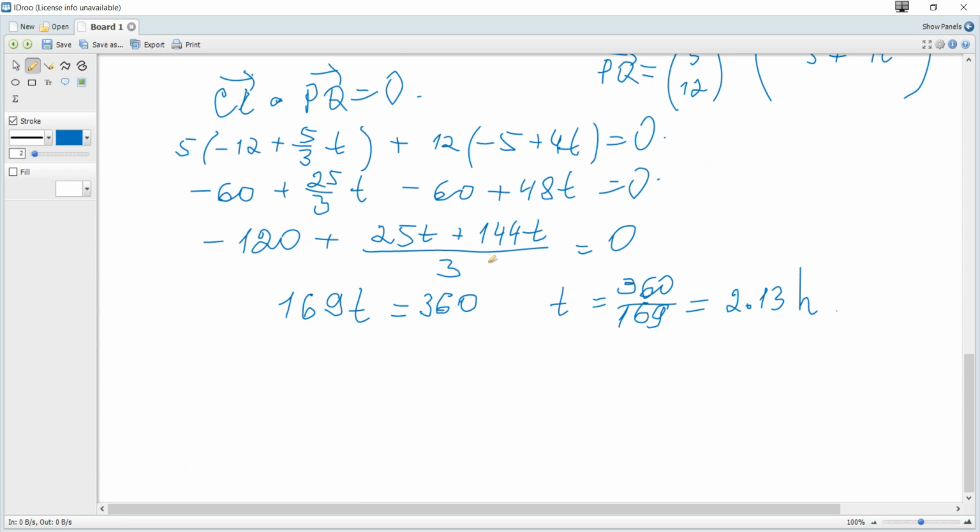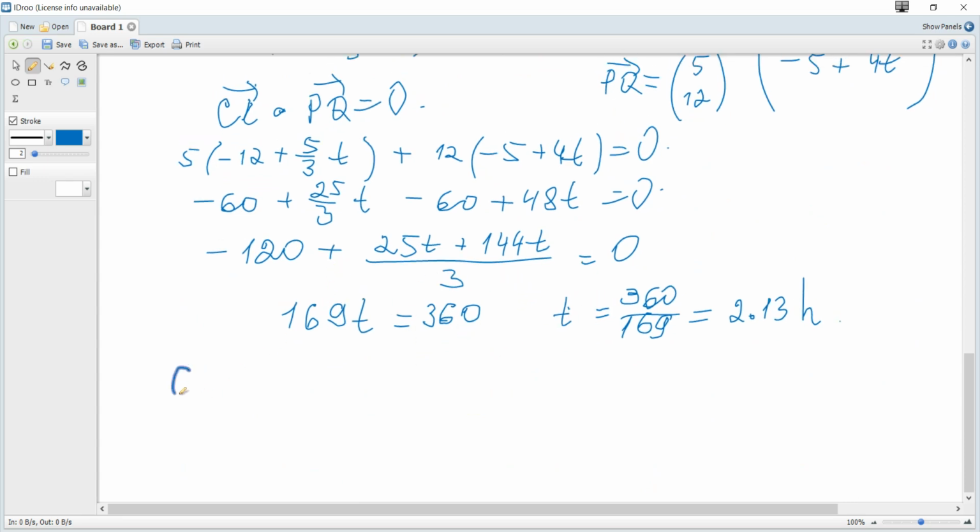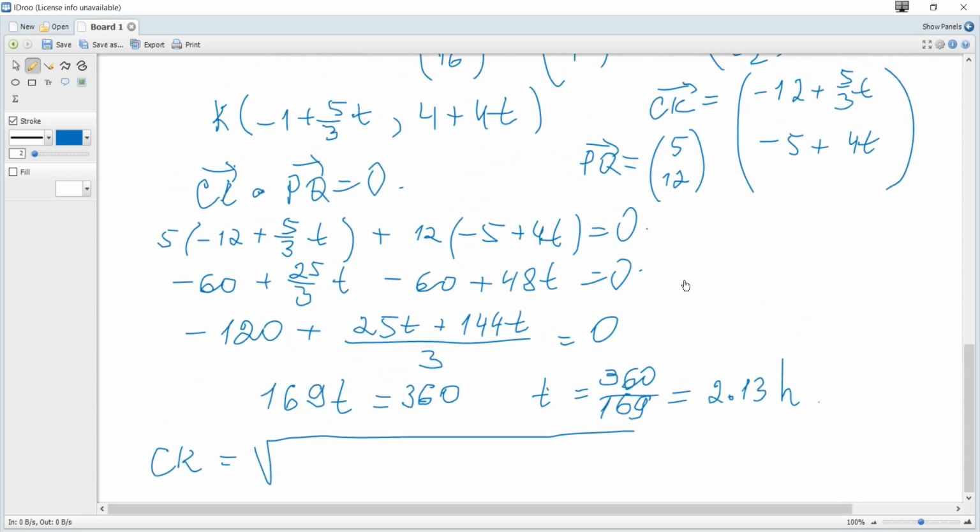Another way to find this value of t: if we consider distance CK as distance between 2 points, the formula is given in the data booklet, and it's a square root of the coordinates of K minus coordinates of C squared.